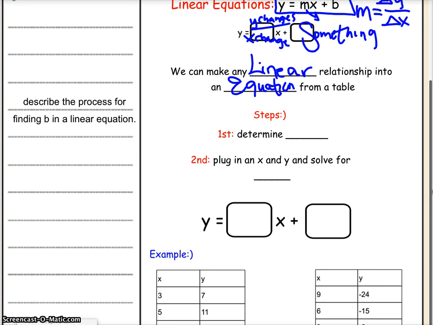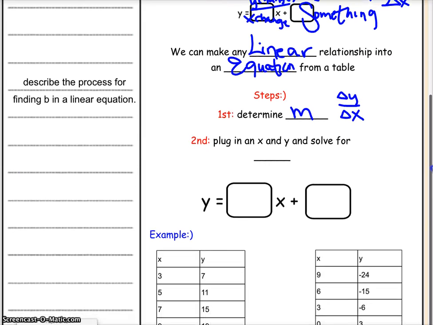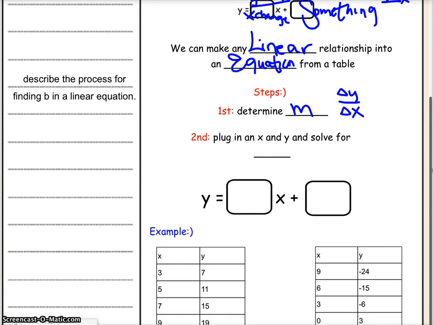The first thing you do is determine m. That's your change in y over change in x. That was your whole learning target yesterday, finding that rate. Then you're going to plug an x and y in and solve for b.